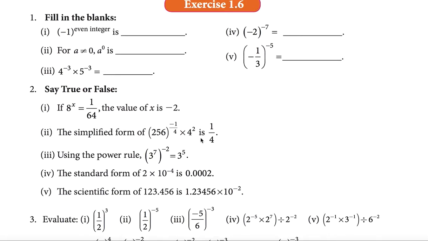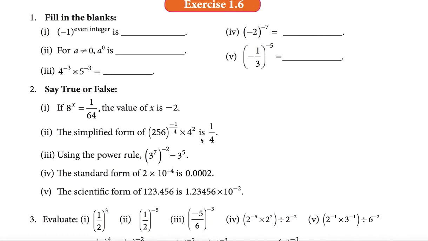Minus 1 by 3 whole power minus 5. 243, minus 243. Yes, 5 times, right? So minus. If 8 power x is 1 by 64, what is the value of x? The value of x is minus 2.